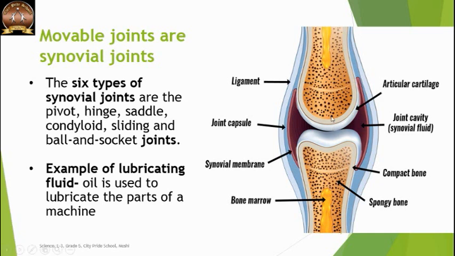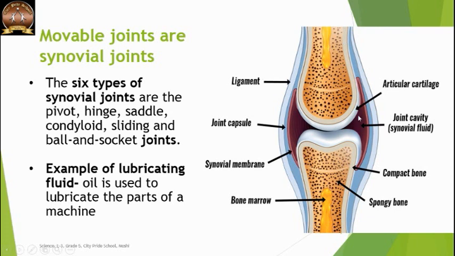To reduce the wear and tear and to allow the bones to function smoothly, the ends of the bones, where the bones meet with each other, are covered with a layer of cartilage, which is a stiff but flexible substance found at these joints. These bones are held together by a band of fiber-like structure which is called the ligament.